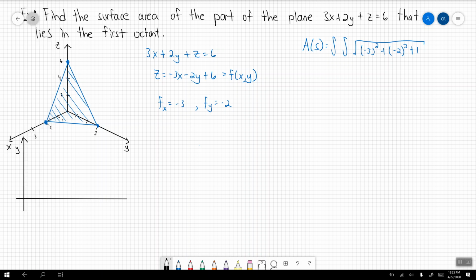So here's my x and here's my y coordinates. I'm going to get a good grid going here. 1, 2, 3, 4.